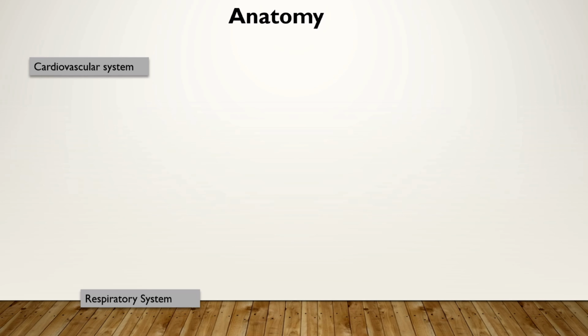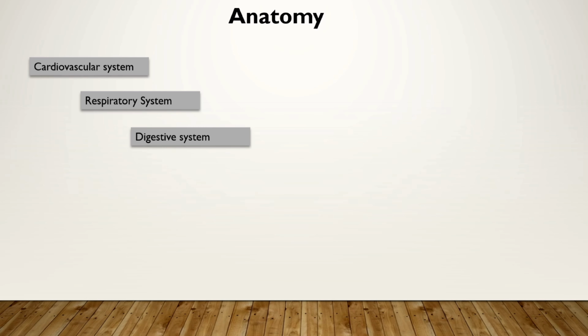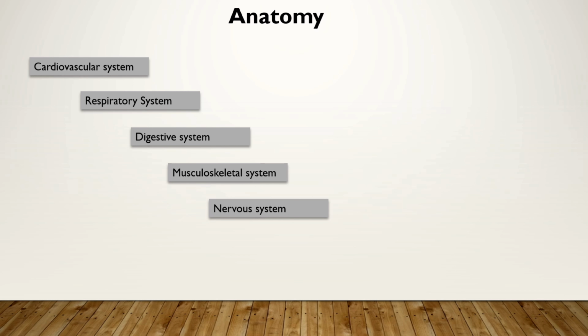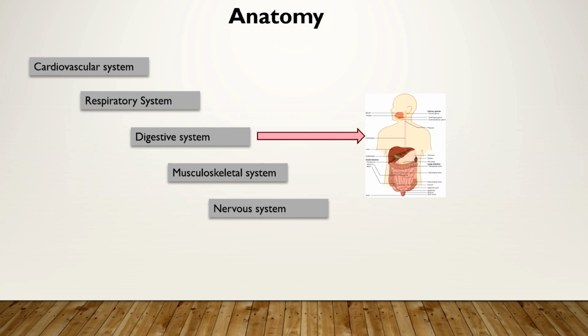So we have 5 systems here: cardiovascular system, respiratory system, digestive system, musculoskeletal system, nervous system. And in tomorrow's video, we'll learn about the digestive system, the complete anatomy of the digestive system and the medical terms involved in the digestive system related to medical coding.